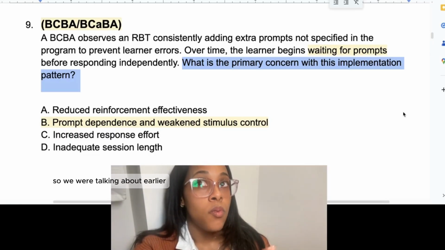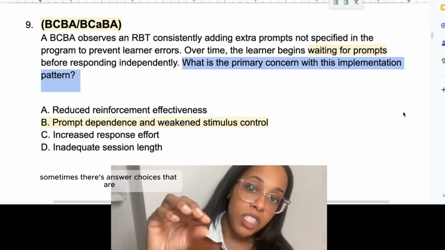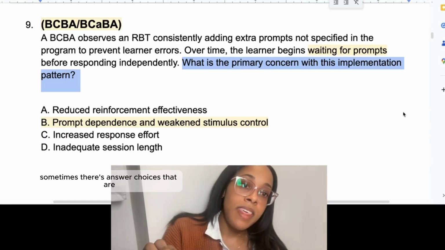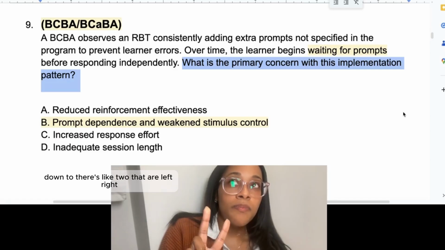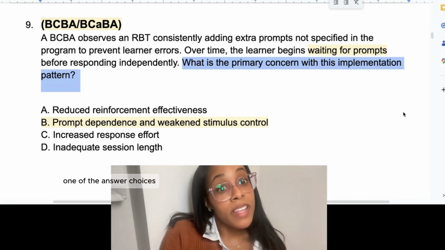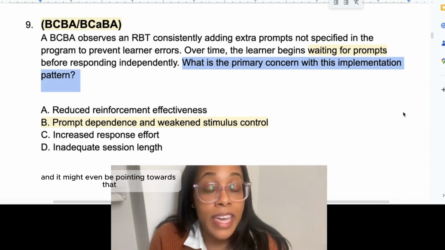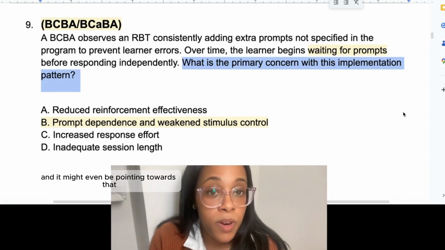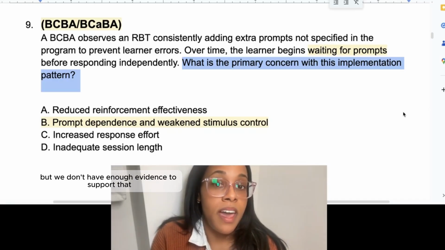So we were talking about earlier, when you're reading different questions, sometimes there's answer choices that are down to two that are left, right? And one of the answer choices might not necessarily be wrong, and it might even be pointing towards that, but we don't have enough evidence to support that.